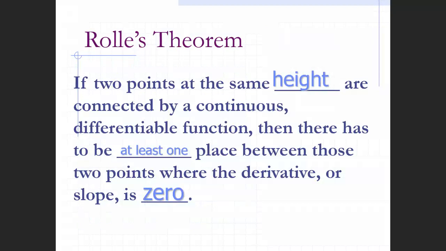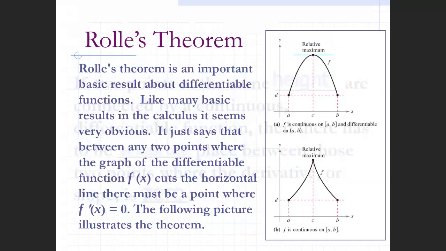Next it is saying that they are connected by a continuous and differentiable function. So you can see in the first graph of the figure here, the function f of A is equal to f of B, and the graph of this function between these points is continuous and it is differentiable also.